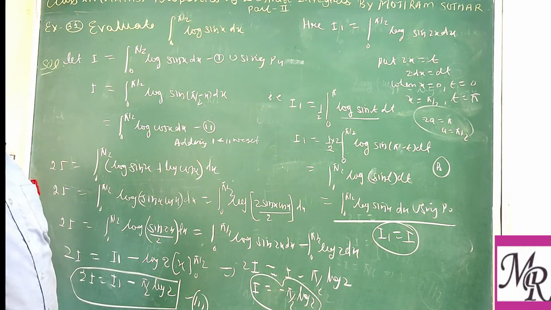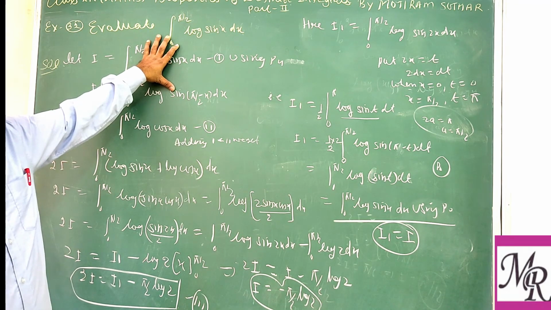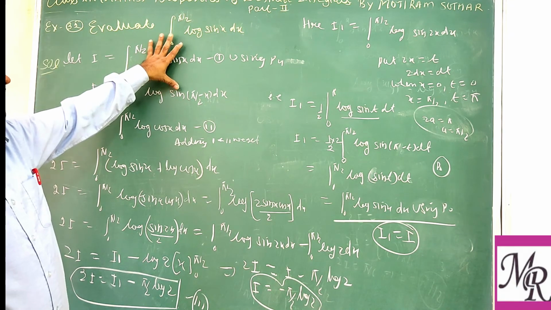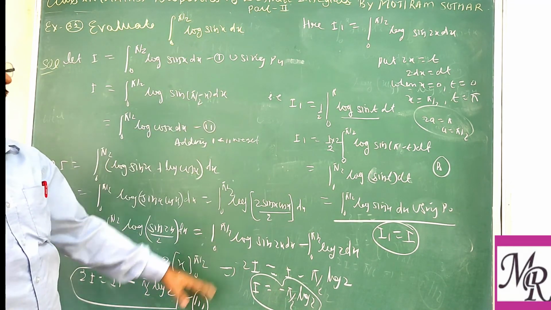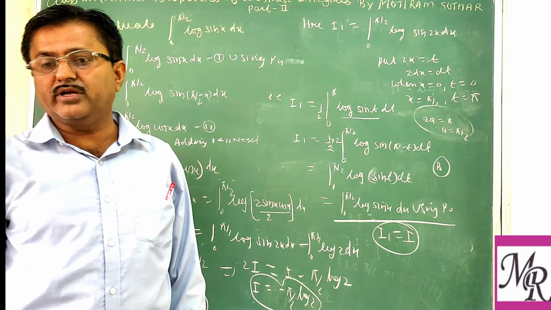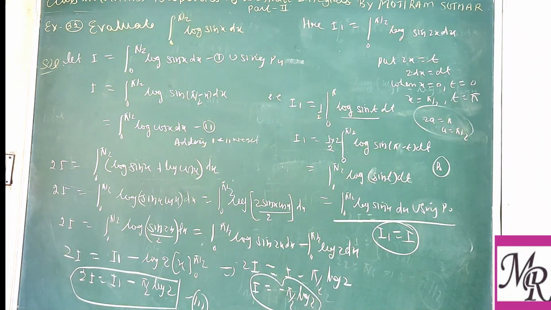So this is very important because here we are using so many properties. But the integration is very easy because we have not integrated with any method. Directly we get the integration by using the properties. So with the help of the definite integral properties, one may easily solve.